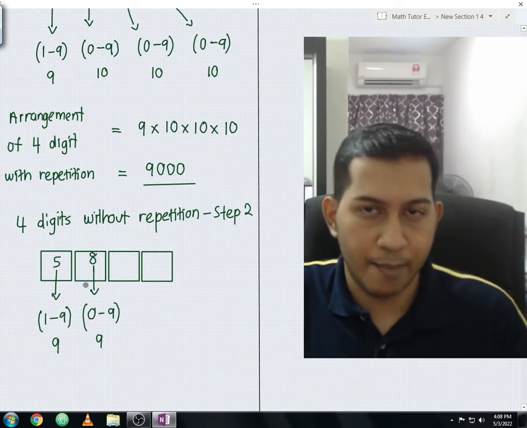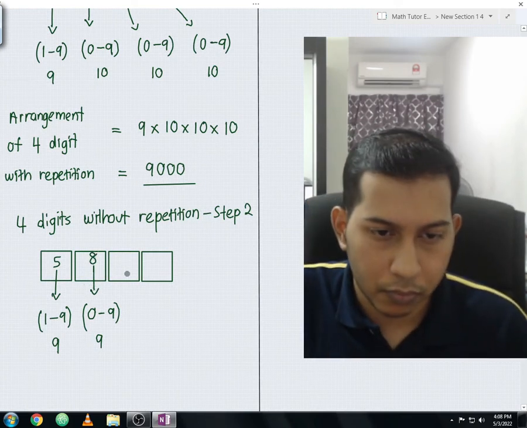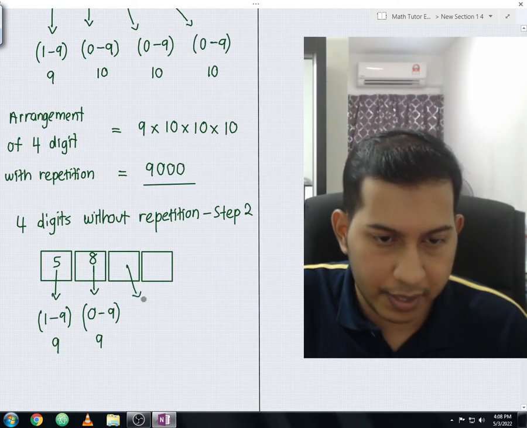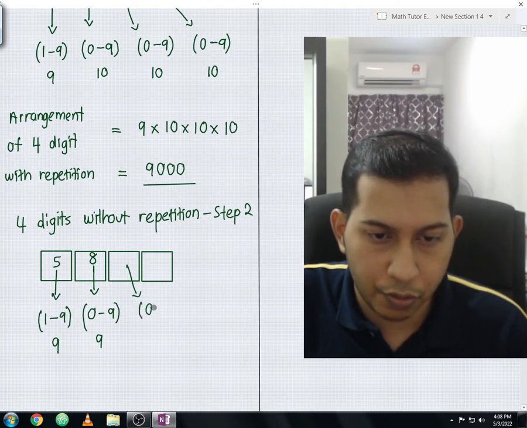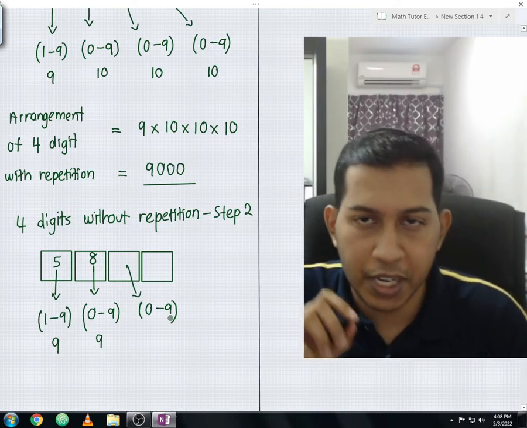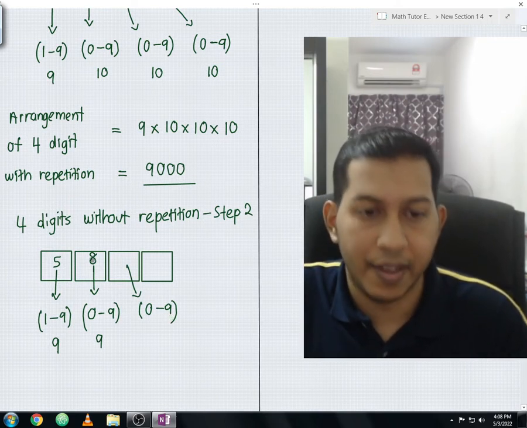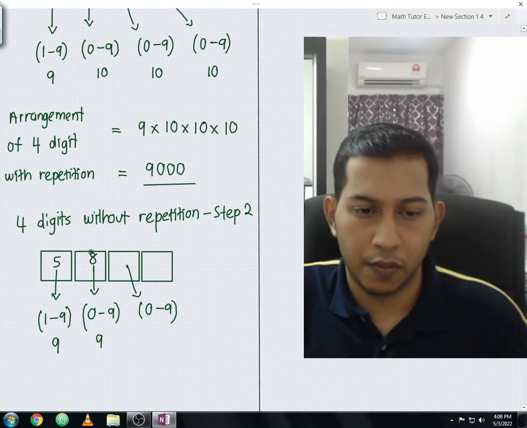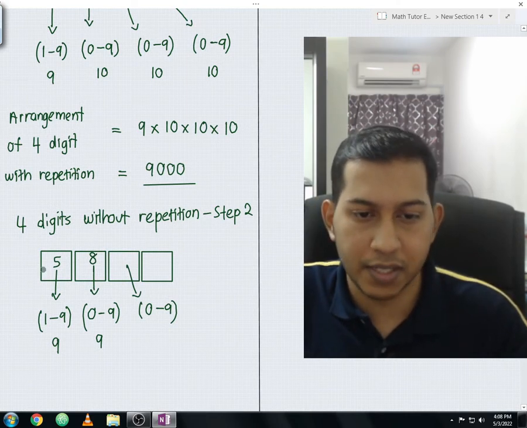Okay, and I move on to the third box. Still the same, you have 0 to 9, but in this case, you need to minus with number 5 and number 8. So from here, you minus these two numbers.